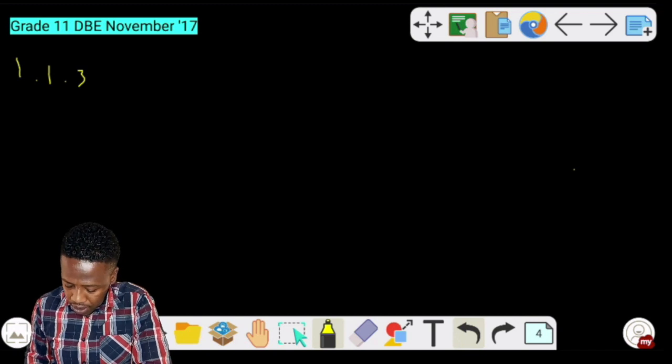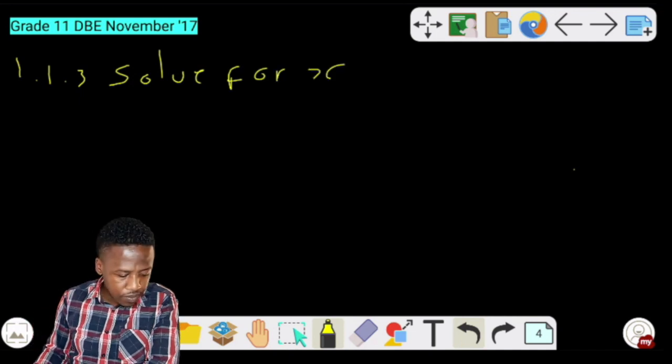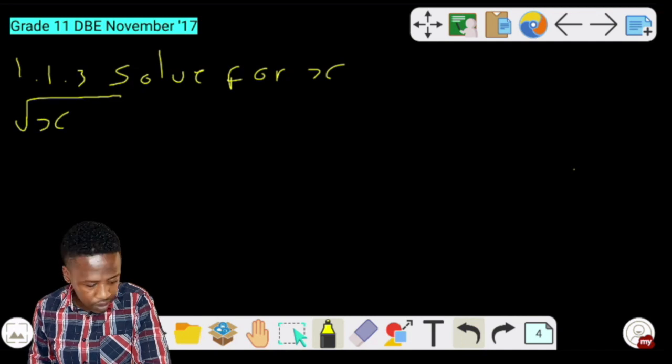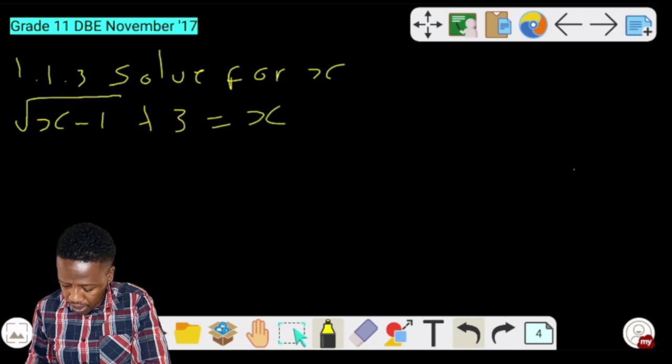Now here they say you should solve for x, and you are given the square root of x minus 1, plus 3, equals x.